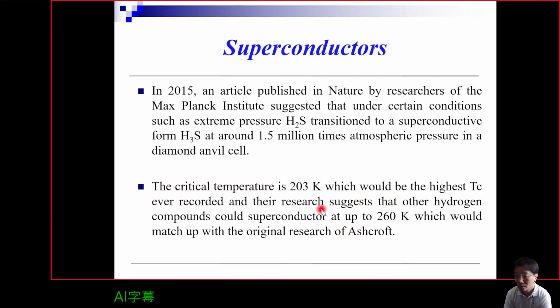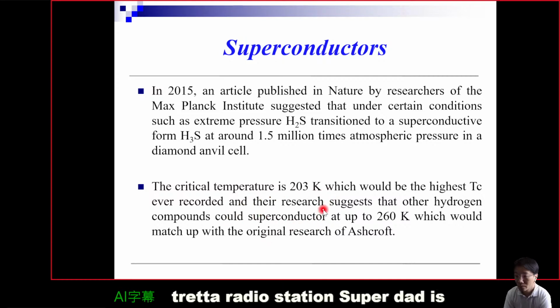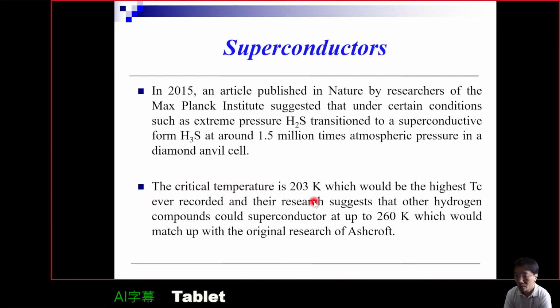So this one could be repeated by another group and confirm that hydrogen may be a potential superconductor, but its Tc is still less than room temperature. And we also need to create that kind of superconductor at extremely high atmospheric pressure.